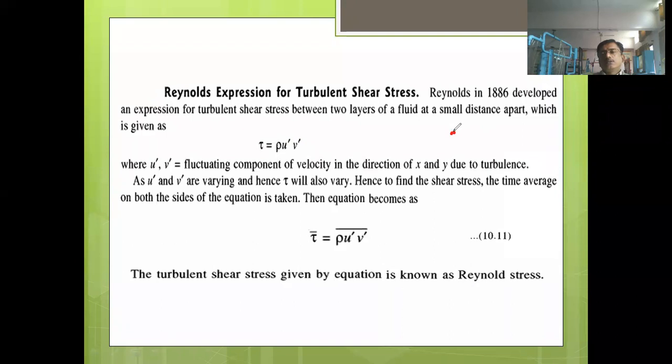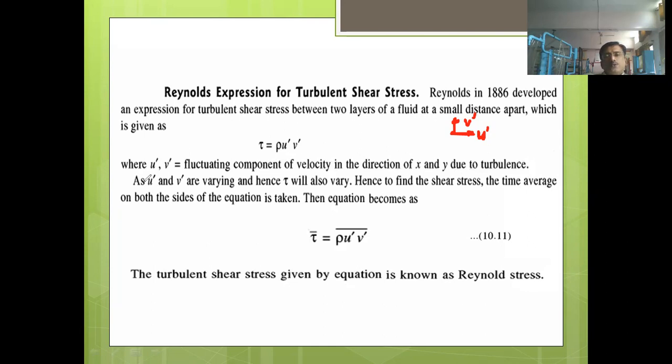Okay, the velocity in the x direction is u dash, and the velocity in the y, vertical direction is v dash, and these velocities are fluctuating continuously. Fluctuating components of the velocities in the direction of x and y due to turbulence.